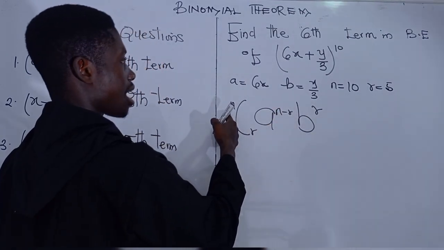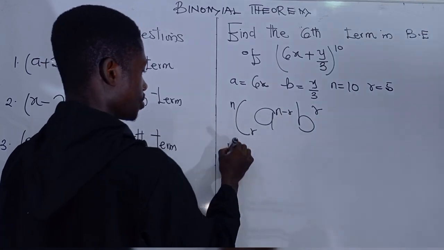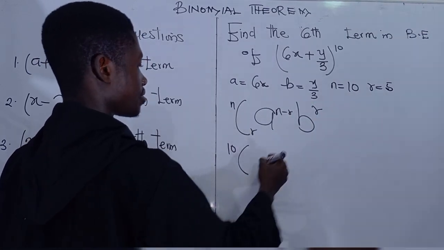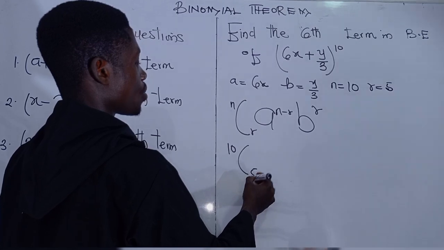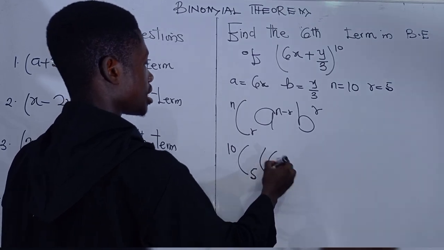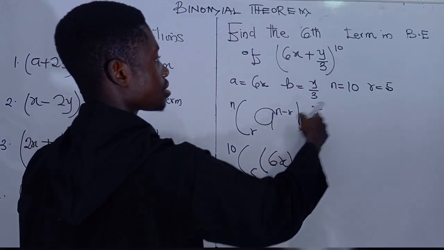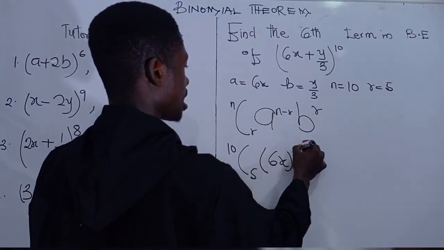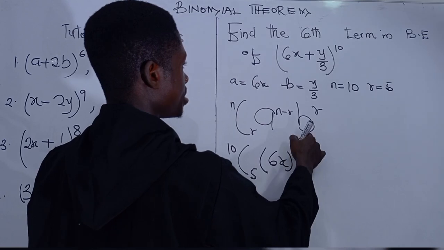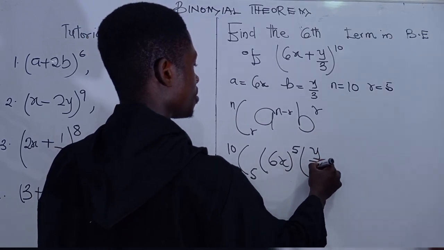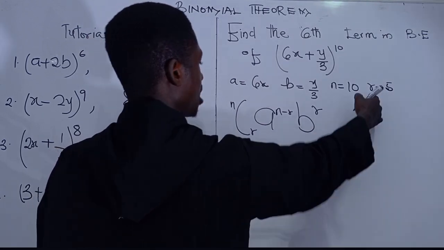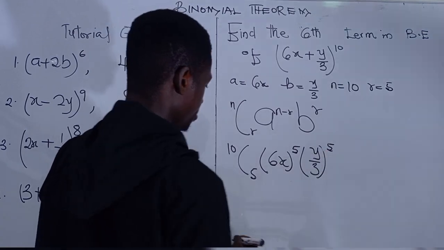Once you have these parameters, we substitute them into the general term formula. So from here we have our n to be 10, so we have 10 combination r, which is 5. We have our a to be 6x, raised to the power n minus r, 10 minus 5 will give us 5. Our b is y all over 3. And then we have r to be 5.